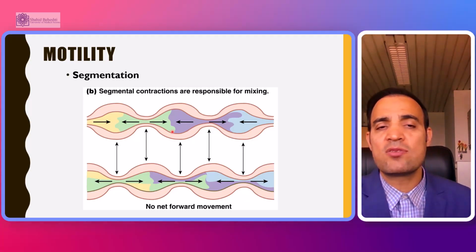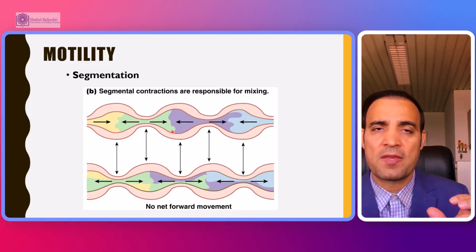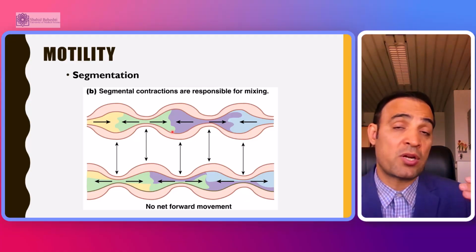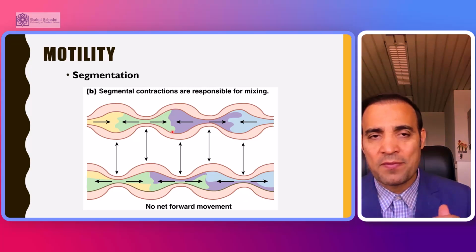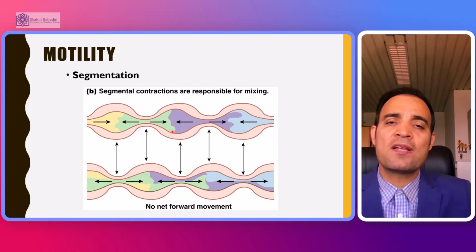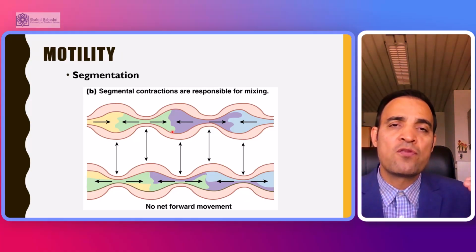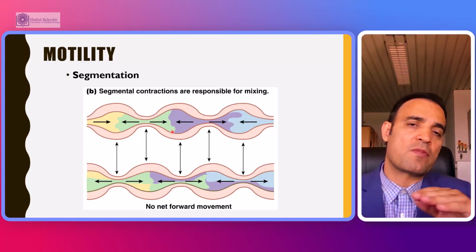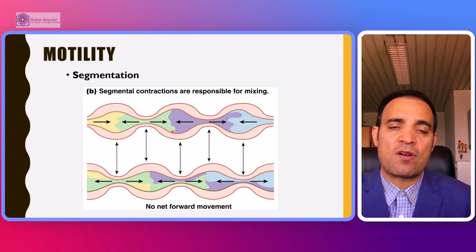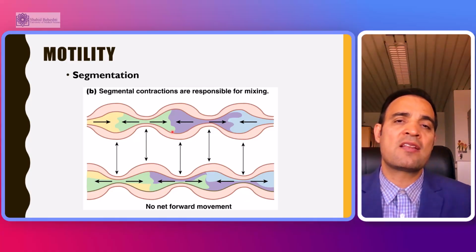Have a look at this figure. As you see, I'm showing you this figure in different colors. Imagine we have food content in the intestine, particularly the large intestine, and these simultaneous contractions happening in different areas of the intestine push the food in two directions. One part of the food goes back and one forward, and from another segment and contraction this happens again.